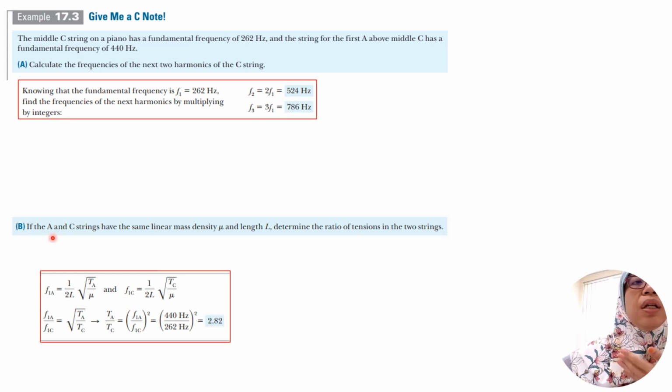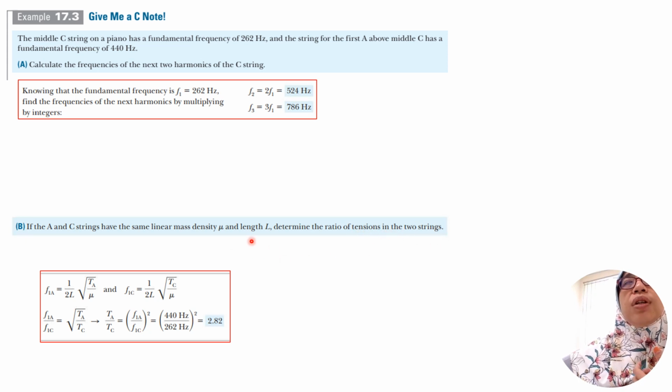Okay, now we have another question. It says here, if A and C have the same linear mass density, which is mu, and also have the same length, you have to determine the ratio of the tension in the strings.